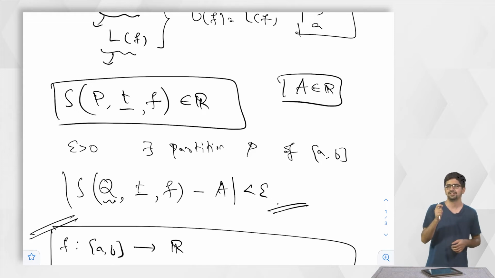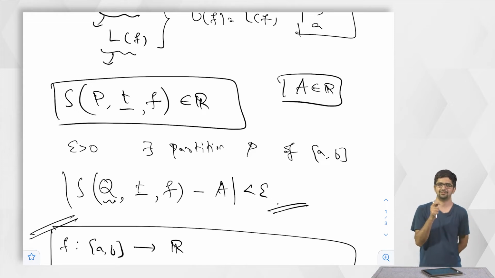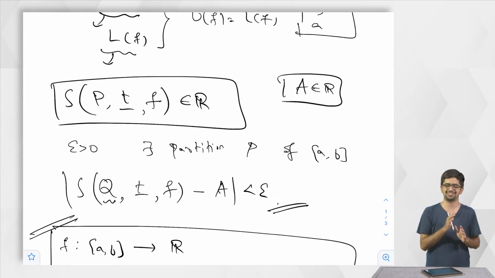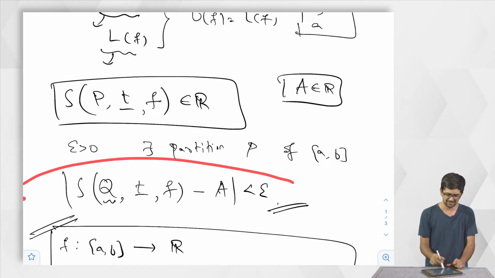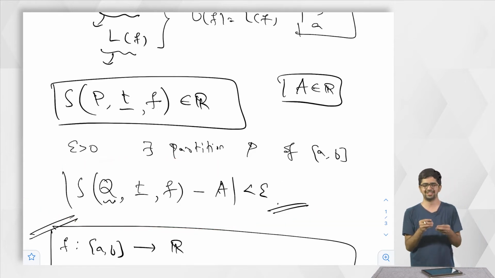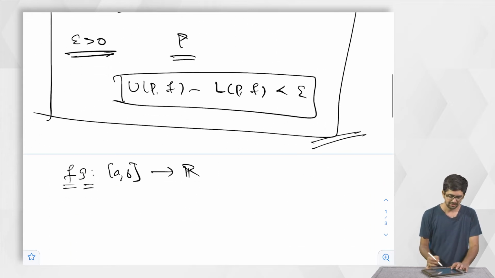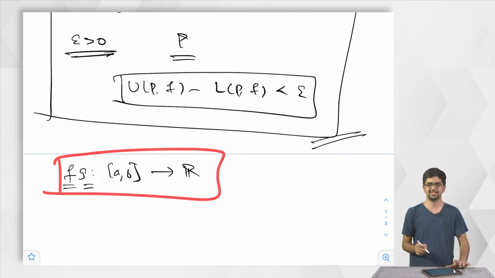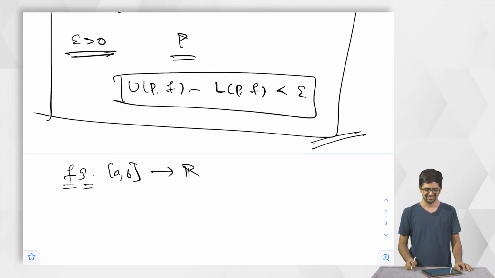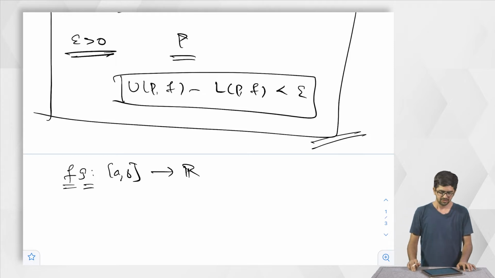We just thought of one real number which looks like the limit of the sequence, then we did some combination, and sometimes we succeeded, sometimes we did not. In that case it was easy to guess such a real number, but here if I give this function, it is not very clear what is the element that I should guess.